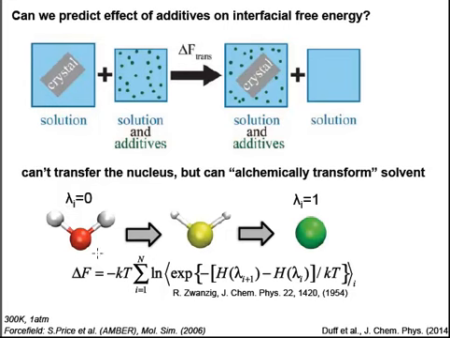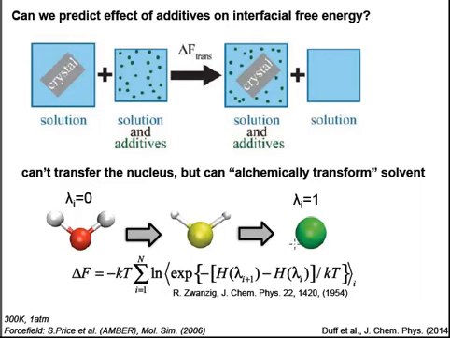So what we have then is a way of taking water molecules in our example and gradually converting them into sodium and chloride ions. Here we're taking the sodium and the chloride ions and transforming them into waters to get a pure water solution. And here we're taking some of the water molecules and transforming them into sodium and chloride ions.